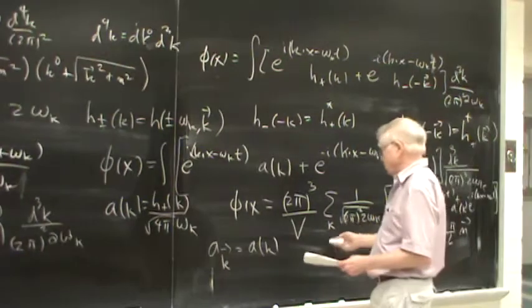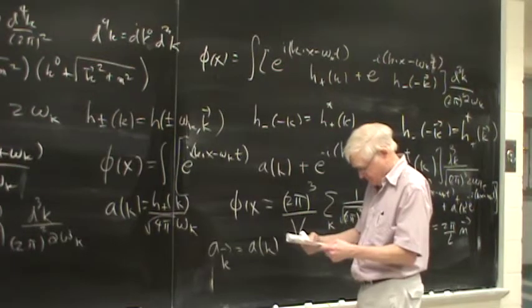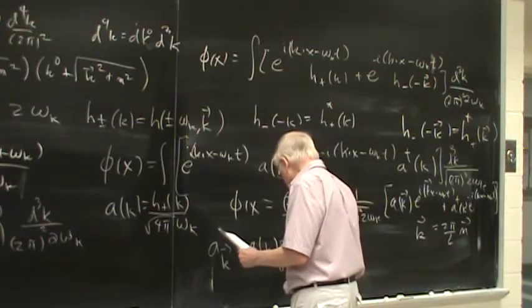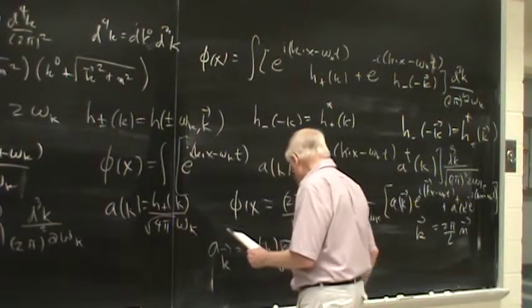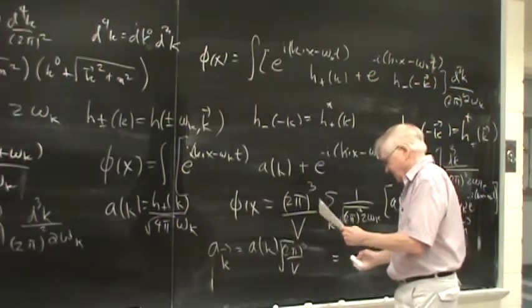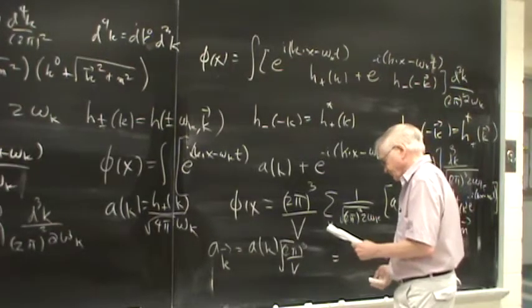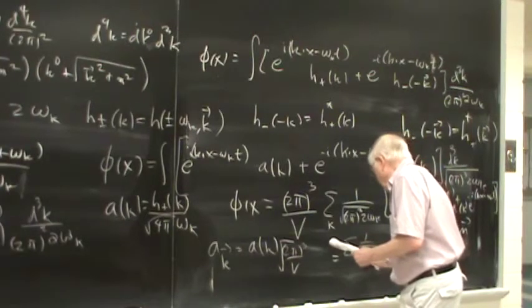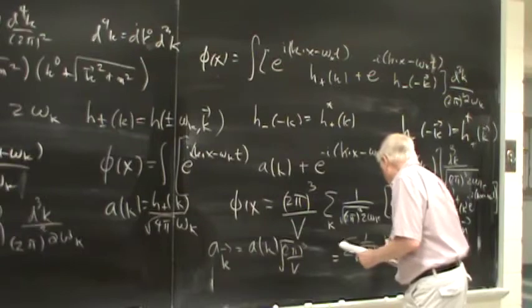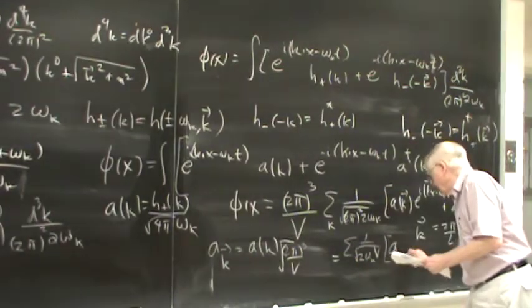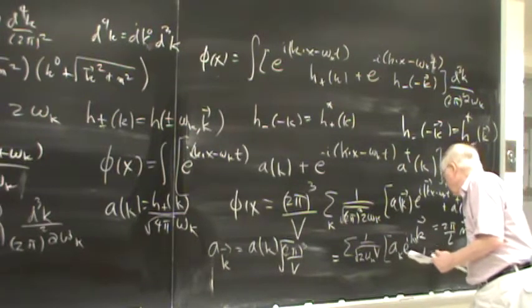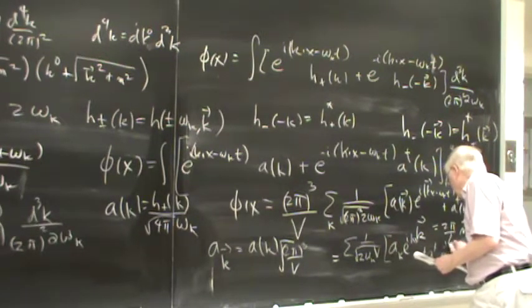Oh, it's not simply that, it's a square root of 2 pi cubed over v. And then this thing becomes a sum 1 over square root of 2 omega k volume, and then a of k, phase factor e to the I kx, plus a k dagger e to the minus I kx.